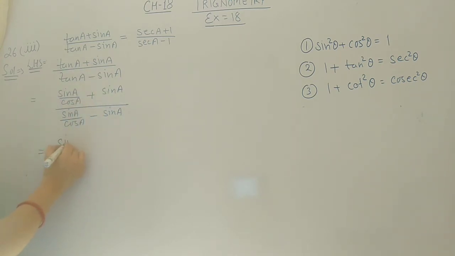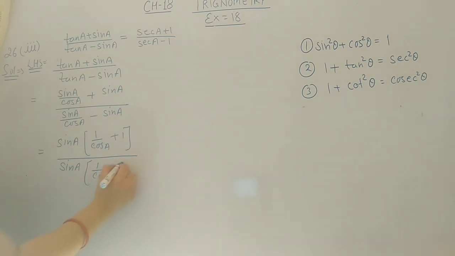Here if we take sin A as common, then we have 1 by cos A plus 1. And in the denominator if we take sin A as common, then we have 1 by cos A minus 1. This sin A to sin A we can cancel. 1 by cos A we can write as sec A plus 1, and 1 by cos A again we can write as sec A minus 1. So we got the right side, proved.